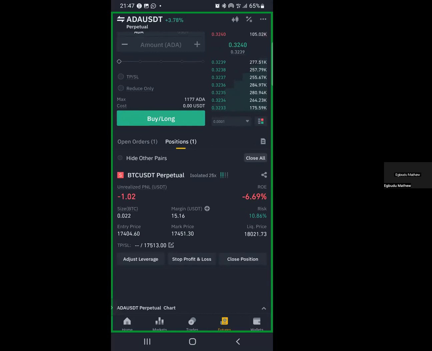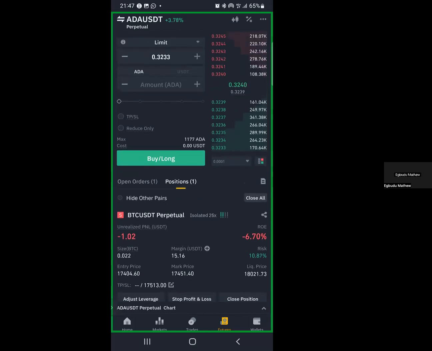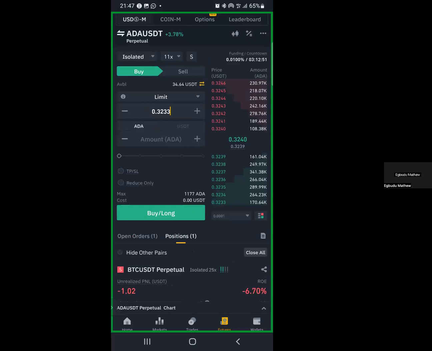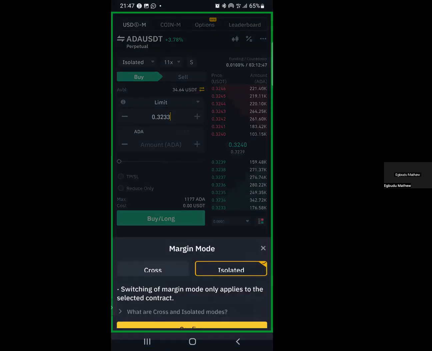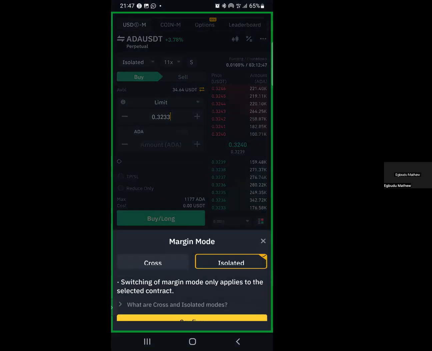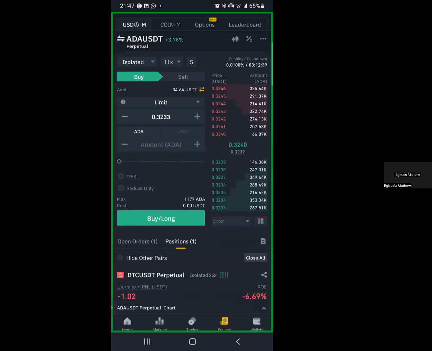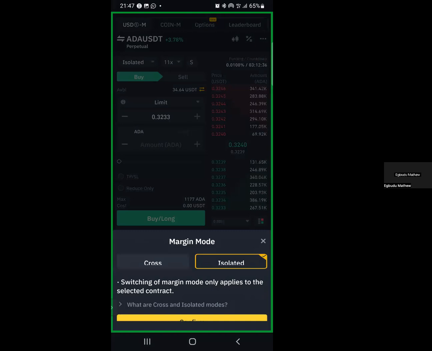But if I'm using cross margin, I need to click on here, click on add cross. But since it's already on isolated by default, my own setting, I cannot move from isolated to cross since I have already set my isolated margin.